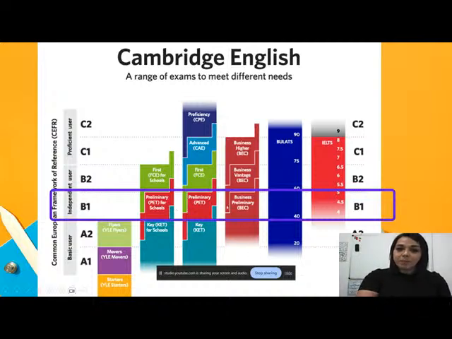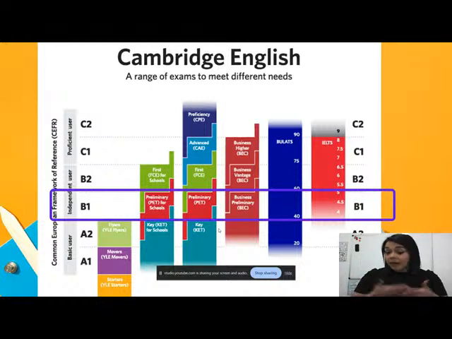Now, the business preliminary, the BEC, I believe is not going to be continued after the middle of this year. But at the moment, this is the exam that we have, and this is available again at B1 level, but for people who are focused on business. And the exam will contain more business-related vocabulary.